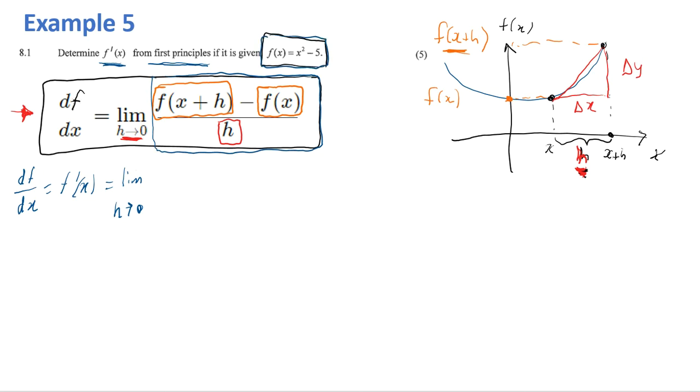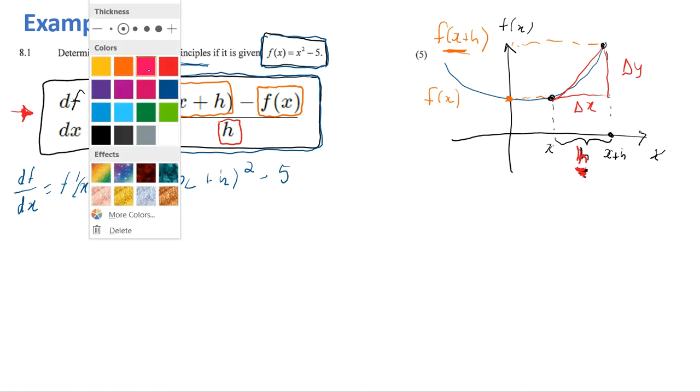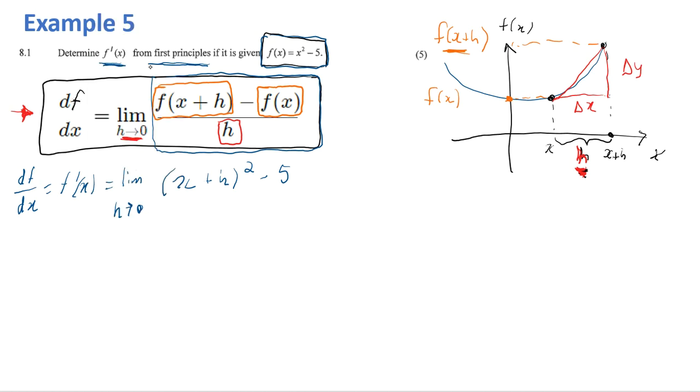Okay, so the top part, we have x plus h squared minus 5. Okay, that's related to this part over here.